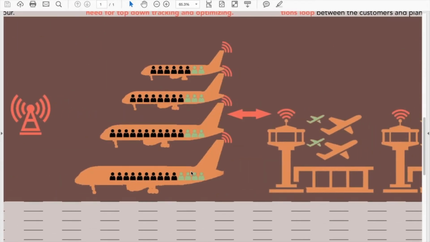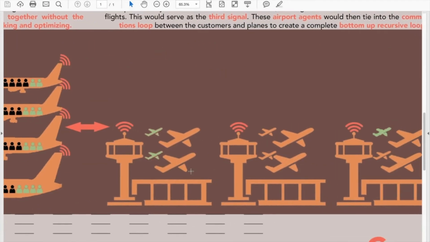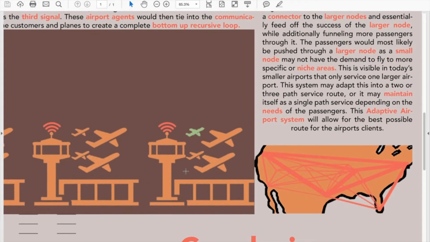After all of that system is taken care of, something we may see are emerging routes and emerging nodes. Rather than predetermining that Denver is going to be a main hub where everybody flies in and gets distributed out to connecting flights, we may see things like Chicago being a main hub, because that's where people want to fly out of or go to.